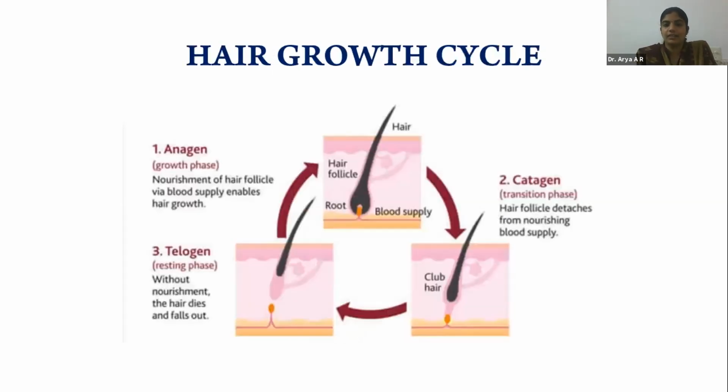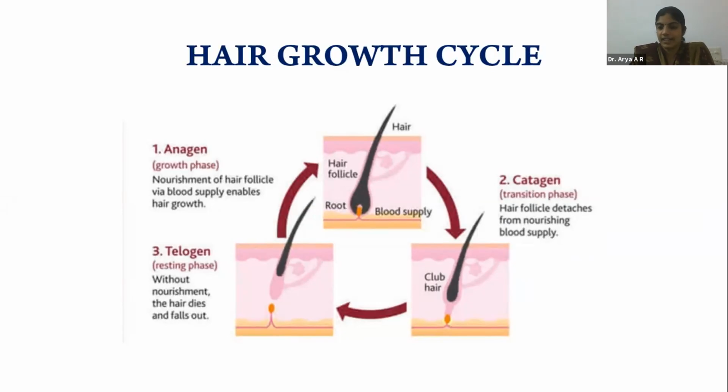And this is the hair growth cycle. We have mainly three stages in a hair growth cycle. The first one is the anagen phase, and that is the growth phase. In this phase, the hair follicle gets its nourishment from the blood supply, and it enables the hair growth.